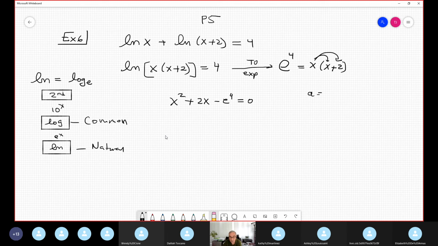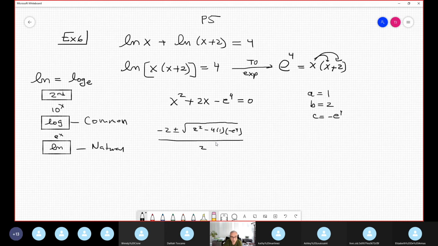A is 1, B is 2, and C is negative e to the 4th power. And you apply the formula. It's minus 2 plus or minus square root 2 squared minus 4 times 1, which is a, times minus e to the 4th power divided by 2 times 1, which is 2.